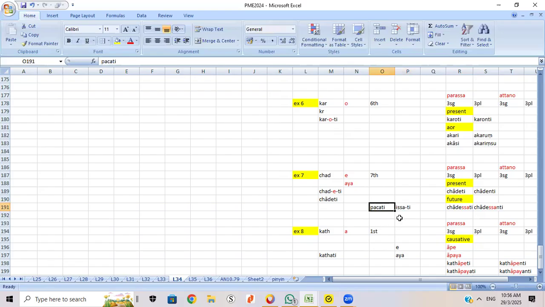You take away, so the base is pacha. Pacha. So the A is dropped, E is added. Whereas 7 conjugation, you just have to add SSA without the I, SSA. So it becomes de sati. See or not?